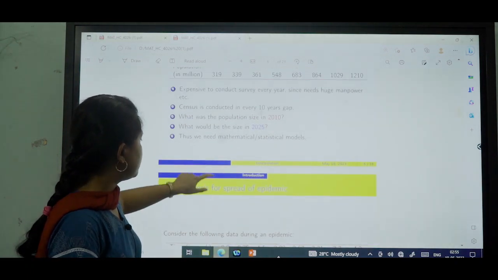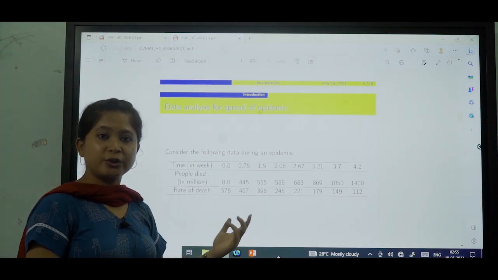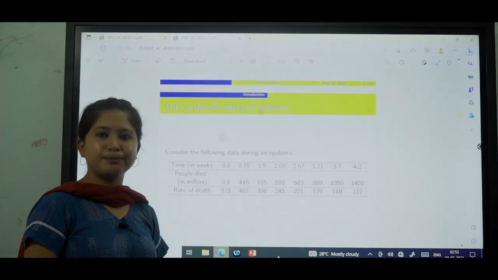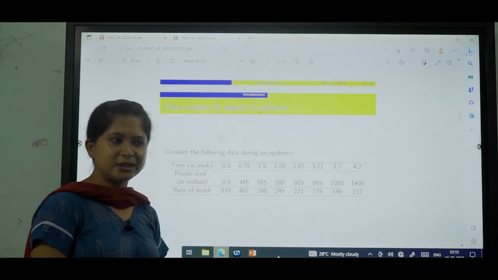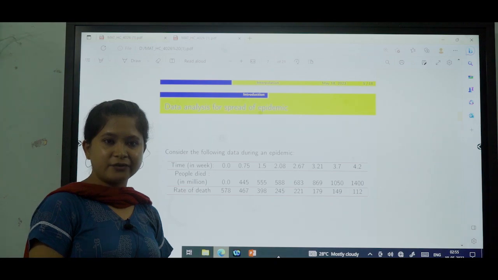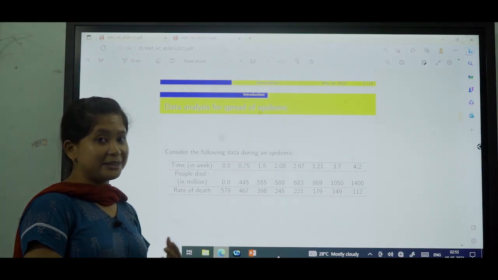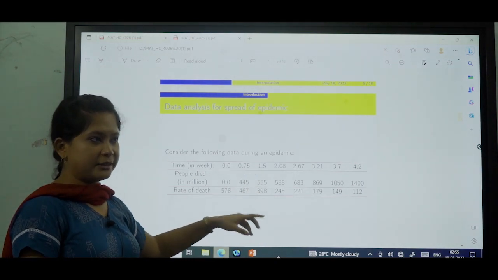Similarly, for your epidemic model also, it will be easier if you can find some simplistic function. The form of the function can be a polynomial function, a sine function, a trigonometric function, or a logarithm function, which we will be discussing later, but the task will be easier, isn't it?